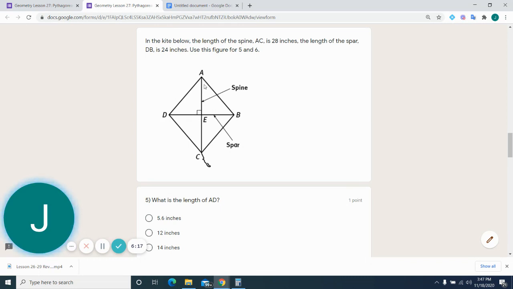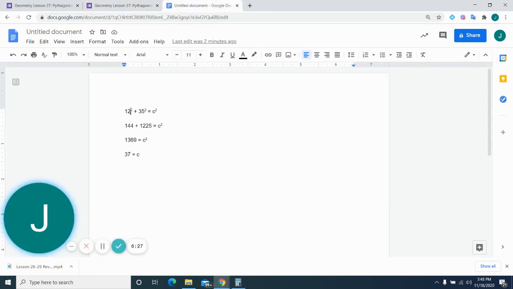So our Pythagorean theorem will say 14 squared plus 12 squared equals c squared. Let's do it just like we did the last problem. So now it's going to be 14 squared plus 12 squared equals c squared.